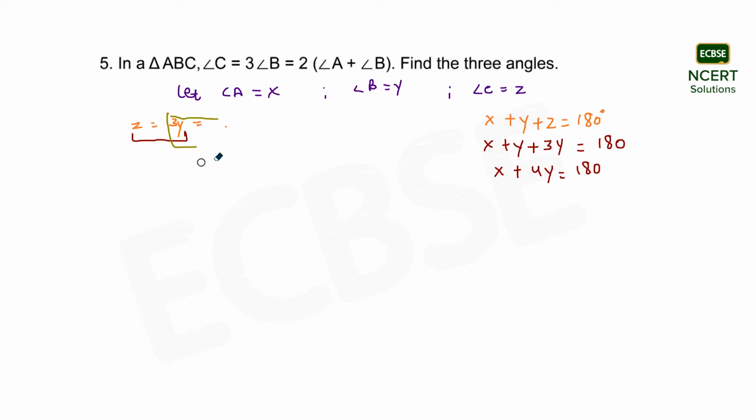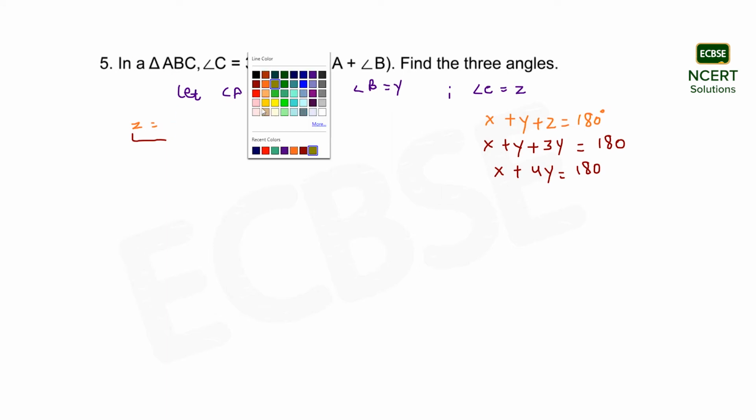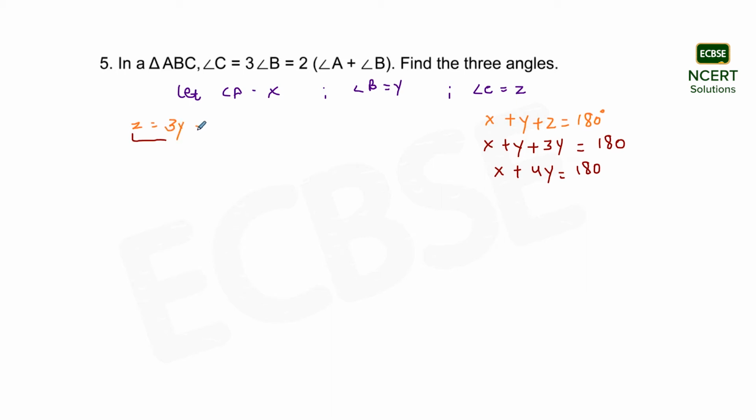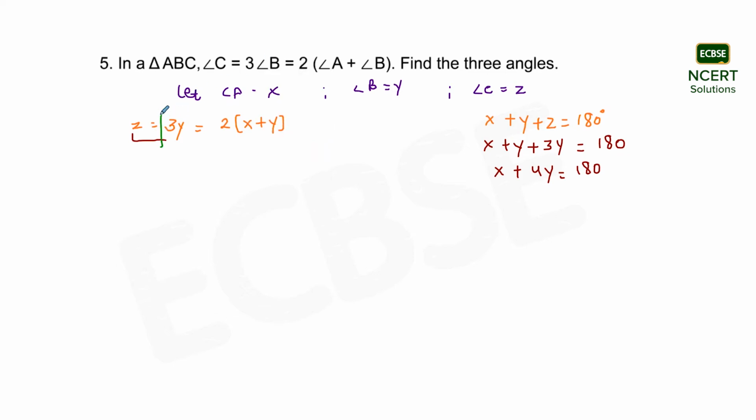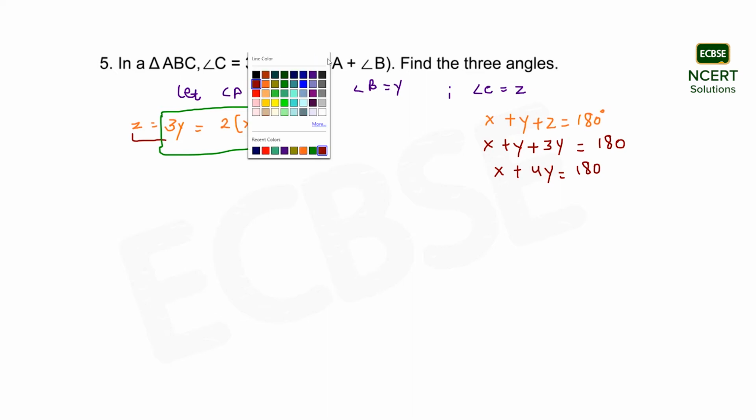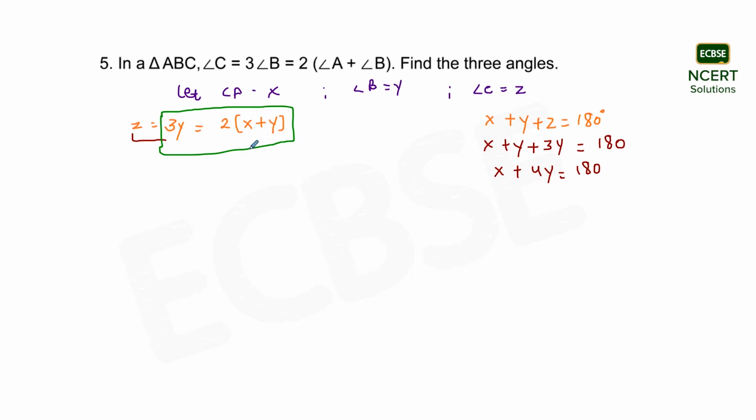Let me write it more clearly. What has been given is z = 3y = 2(x + y). The second equation can be formed from this, as it's given in the question itself that 3y is equal to 2(x + y). So I can use this to get another equation so that I can find the values of the two variables.